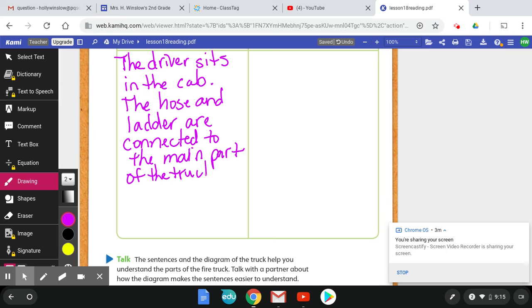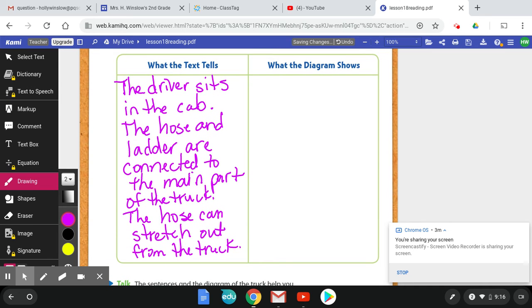All right. And the diagram helps me to see this. So the diagram, I actually see, if you look at your picture, I see the light on top of the truck.